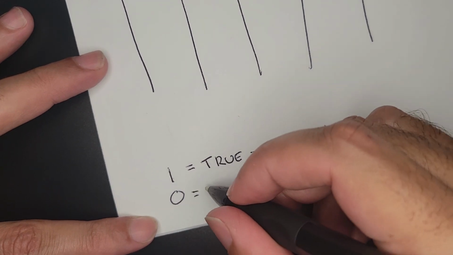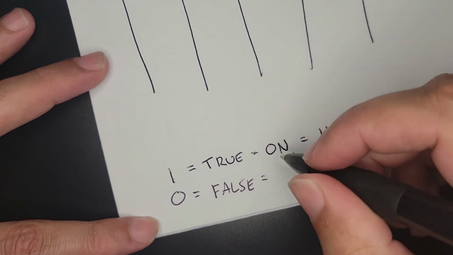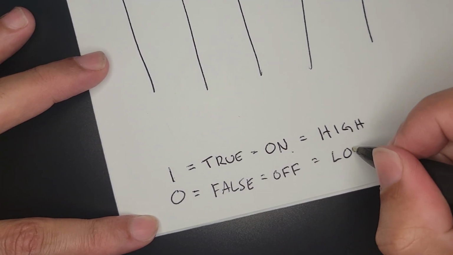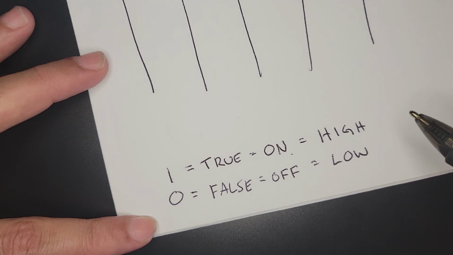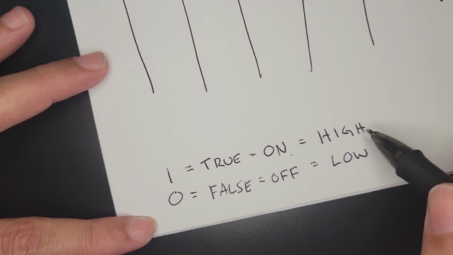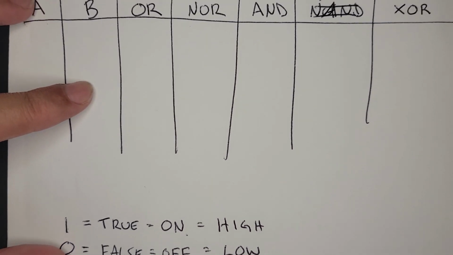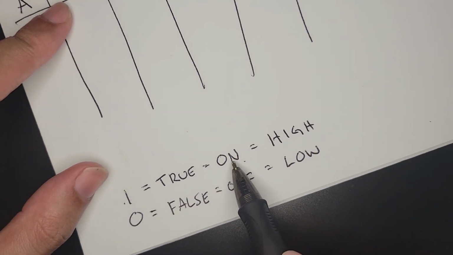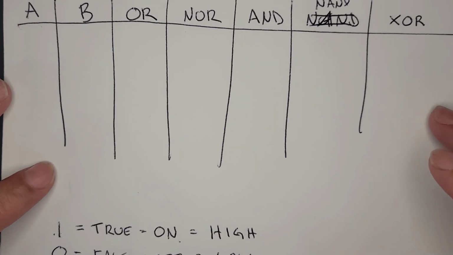Or we have 0, which you could say is a false signal, or it's off, or it's low. And high and low are really used, I think, for circuitry, which the only reason I really know about them is because of simple machine buildings with microcontrollers and that kind of thing. So when you see 1, true, on, or high, these are all interchangeable, and these are all interchangeable.